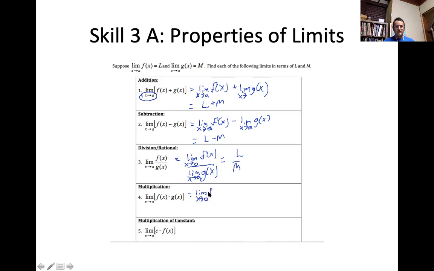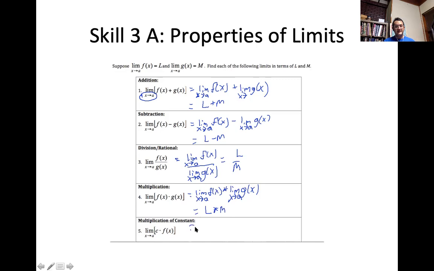So if you are good at looking at individual graphs, what I will be giving you is maybe graphs of two different functions, and you just separate them into two limit-graphically problems and perform the operation. So for multiplication here, we get L times M.